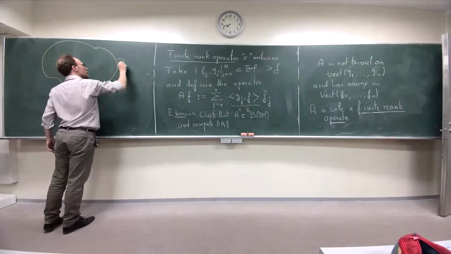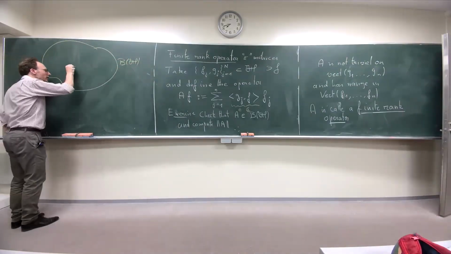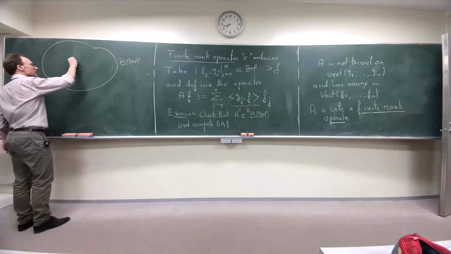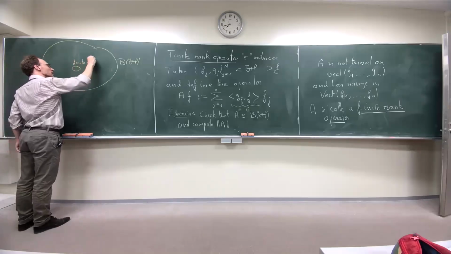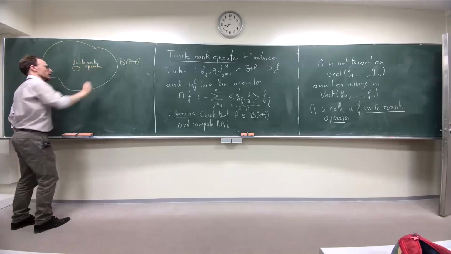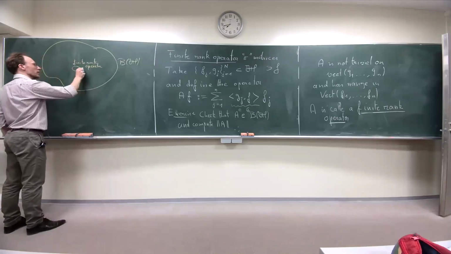B of H. You have a small part of B of H. This is finite rank operators.